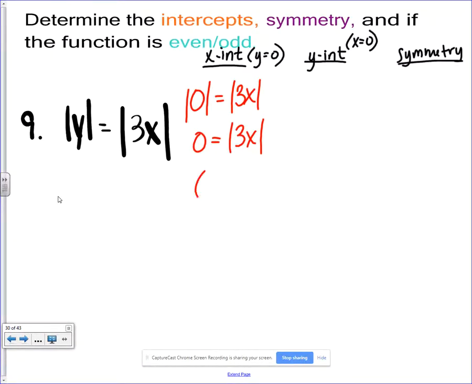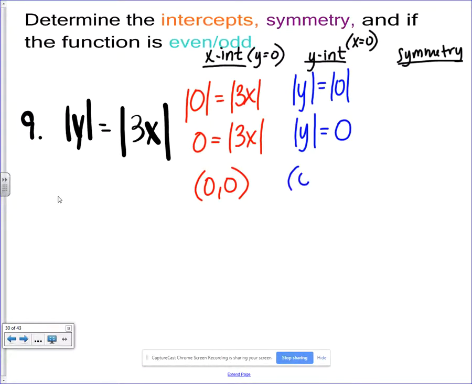Just 0. Okay. For my y-intercept, if I make the x be 0, pretty much looks like the same thing. What would y have to be? 0. So we're only going through the origin for my intercepts.